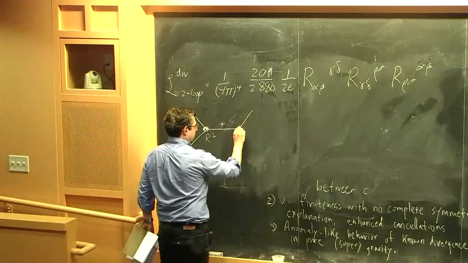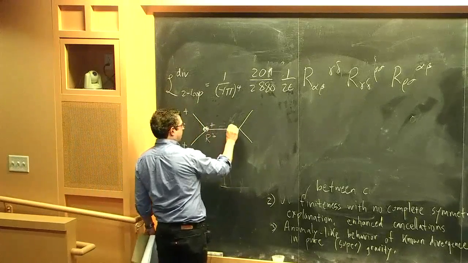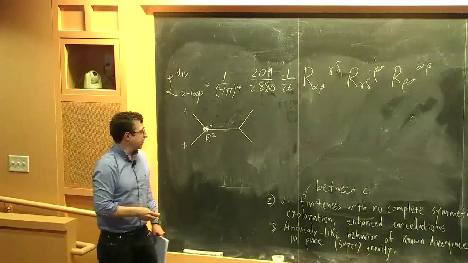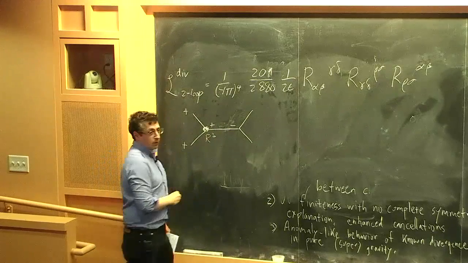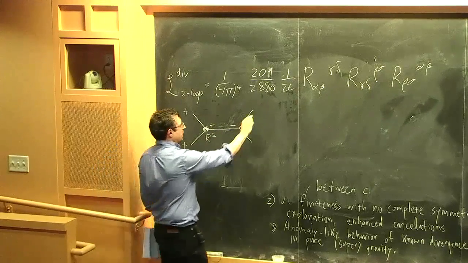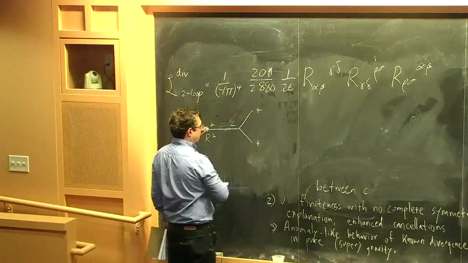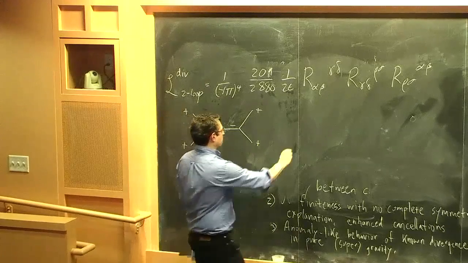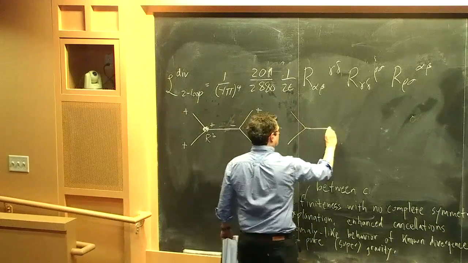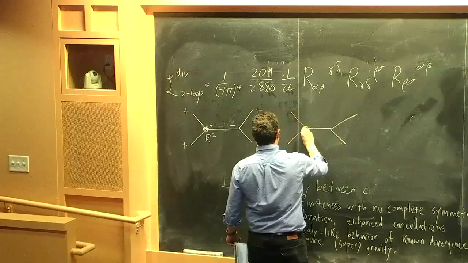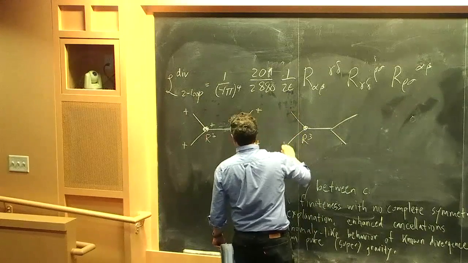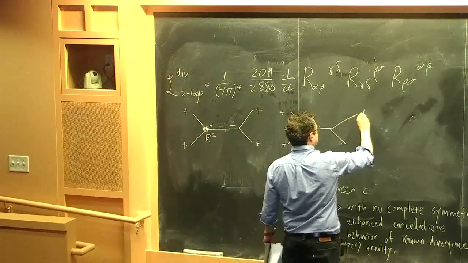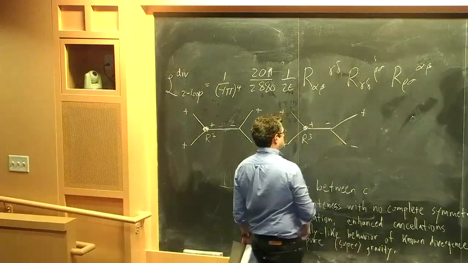So let's stick that into a 4-point amplitude, because I like to work with amplitudes. Then there are 2 configurations where you can get a contribution. There's my r cubed, so that's plus, plus, plus, and then you can have plus, minus, like that.